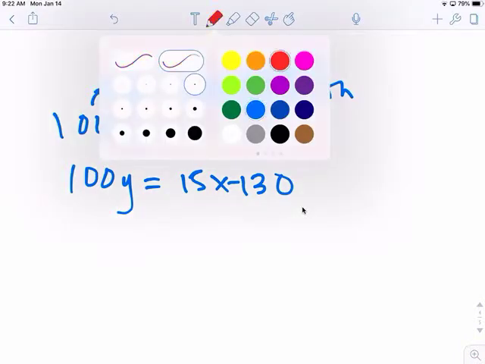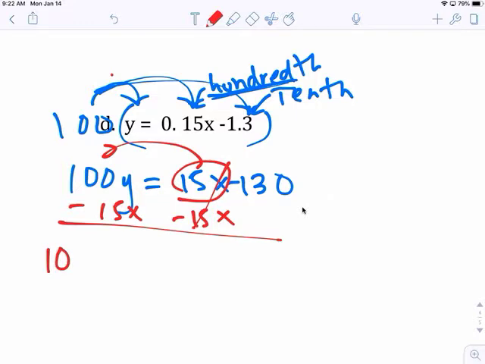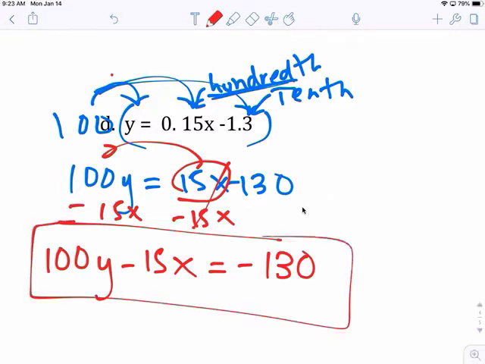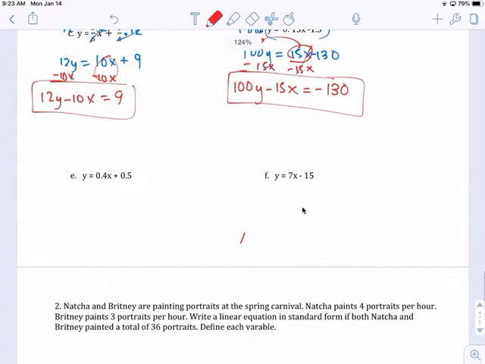Okay, in standard form, move that over by subtracting 15x. 100y minus 15x equals negative 130. That's in standard form. Okay, finish the rest.